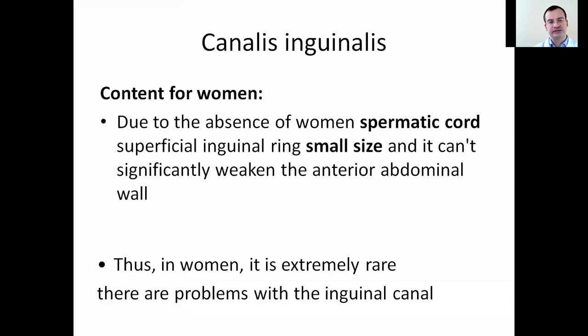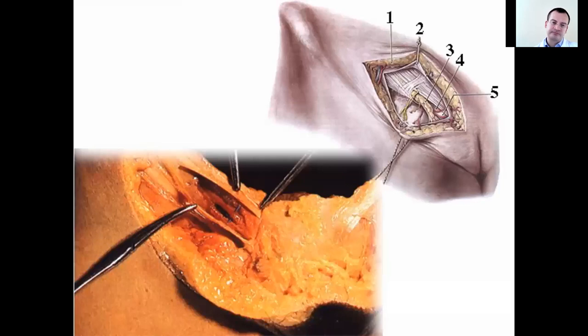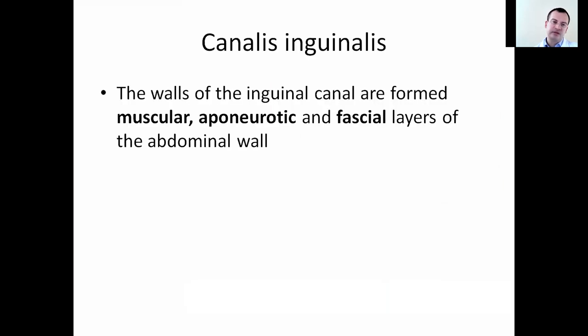Due to the absence of the spermatic cord in women, the superficial inguinal ring has a small size, and it can't significantly weaken the anterior abdominal wall. Thus, in women, it is extremely rare for there to be problems with the inguinal canal. Canalis inguinalis.